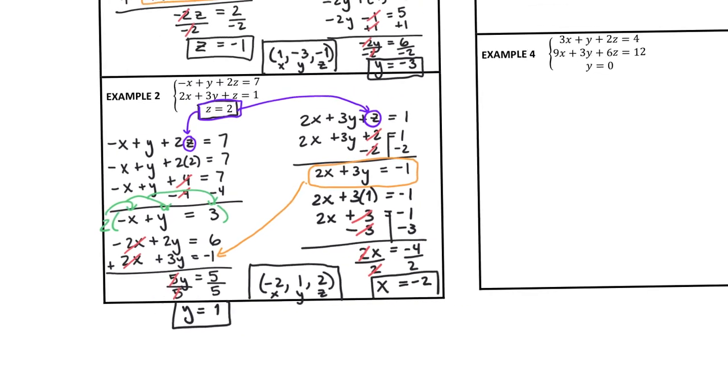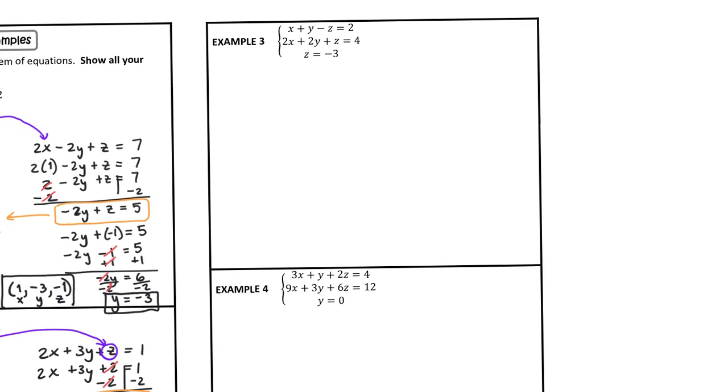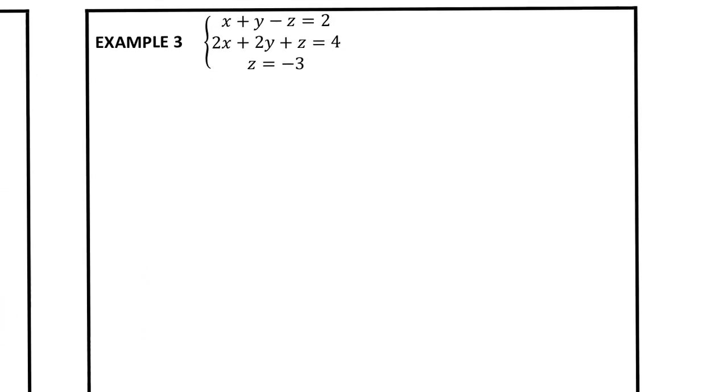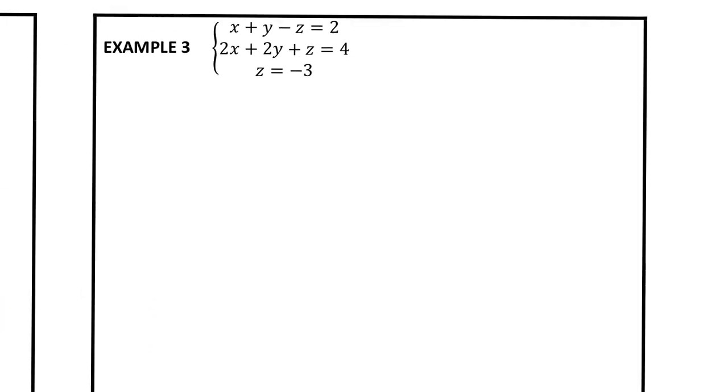Okay. Let's look at example 3. Okay, so we start off with one answer given. We write the first equation, copy the first equation, equals 2.